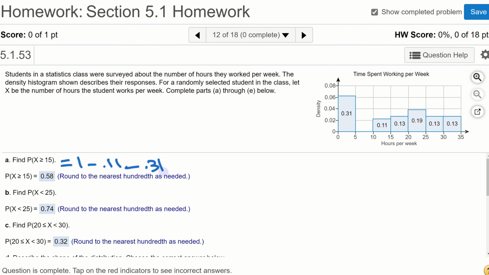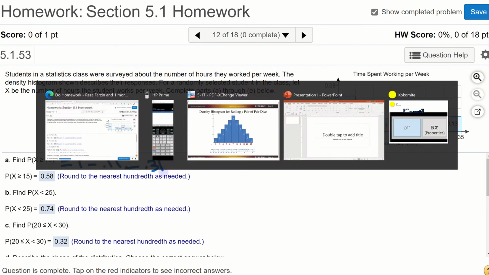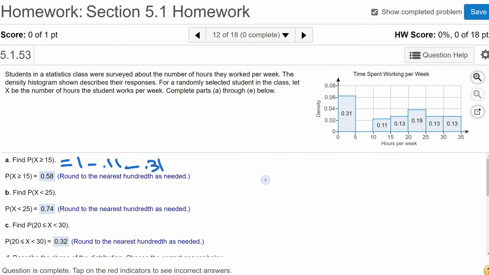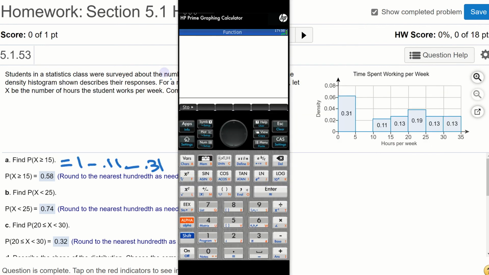All right, I'm not going to put my calculator abilities to the test again. I'm just going to use our device here. So now we're just going to do 1 minus 0.11 minus 0.31. Okay, that's where we get our 0.58.